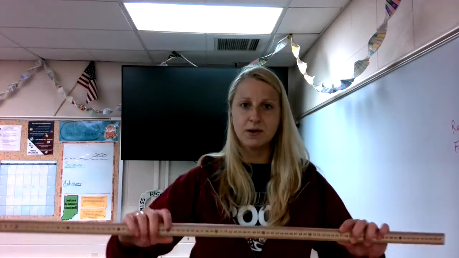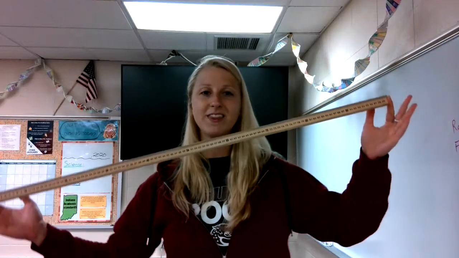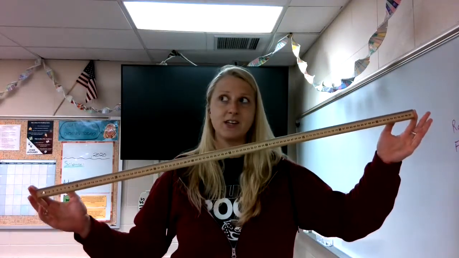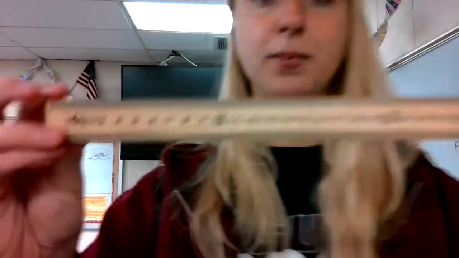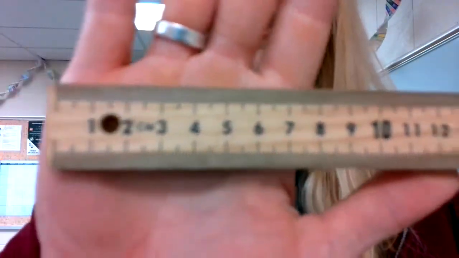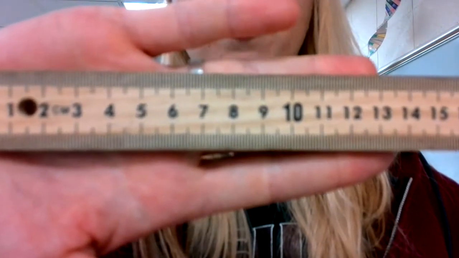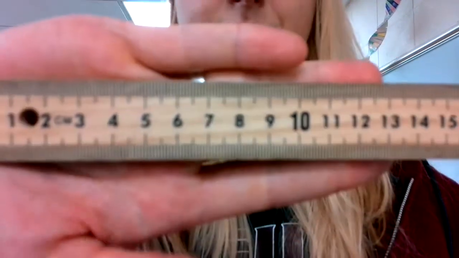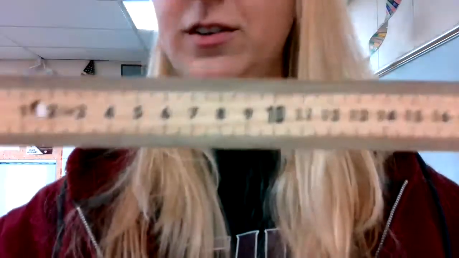So let's talk then about centimeters. If this whole big stick is 1 meter, this 1 meter is split into 100 centimeters. So if we look up closer to it, our centimeters, if the camera will focus, are right here. Whatever, you'll get it. So our centimeters.